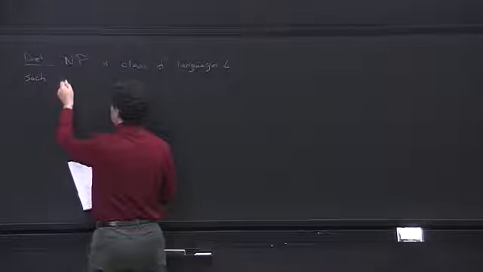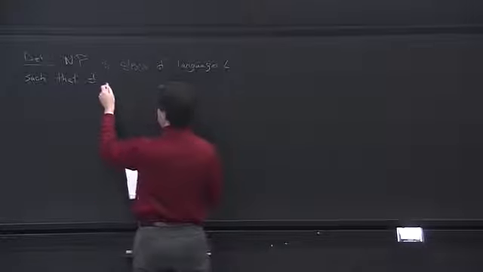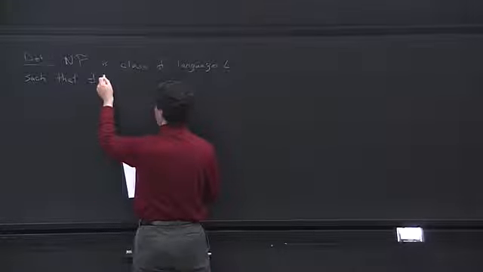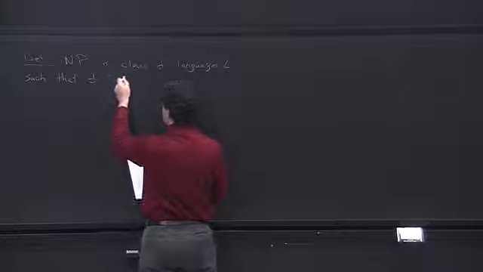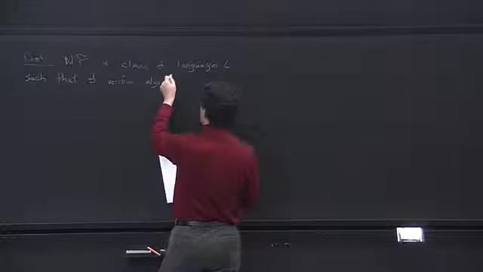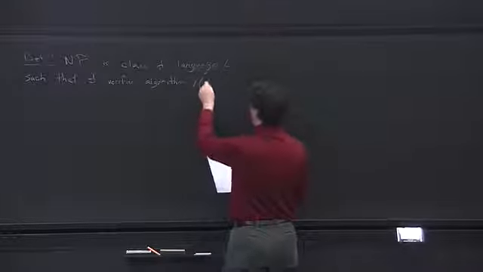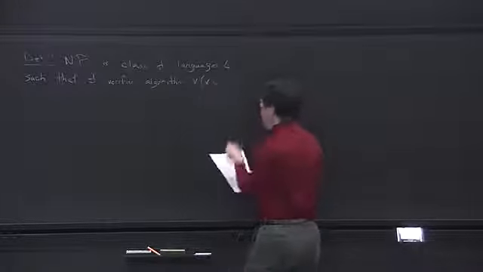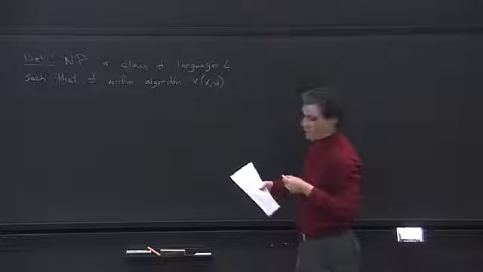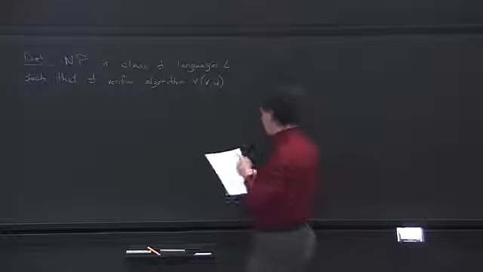There's supposed to exist a verifier algorithm, and this verifier takes two inputs, x and w. So x is going to be the instance, and w is another number.